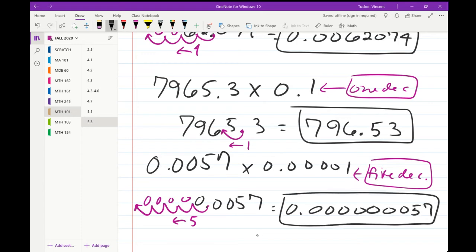So that should be 1, 2, 3, 4, 5. Yep, 7 zeros in front of that 5. You already had 2 there. Move the decimal 5 spots to the left and end up having 7 zeros. All right, questions before we look at division.